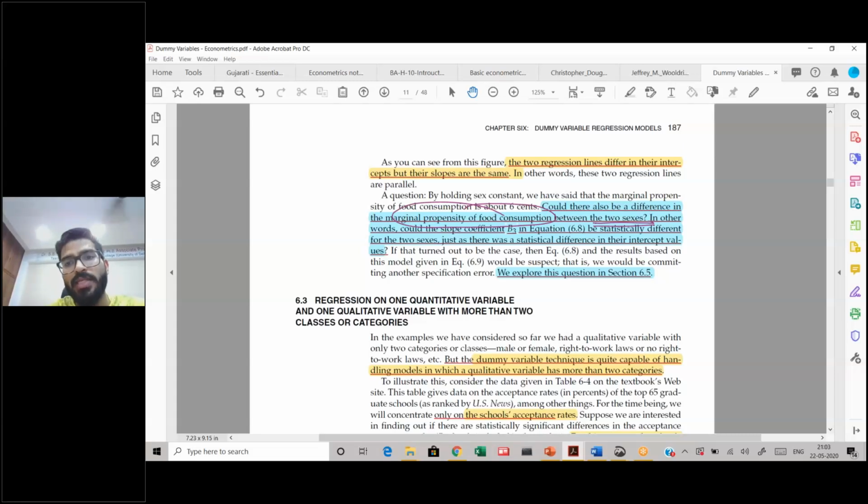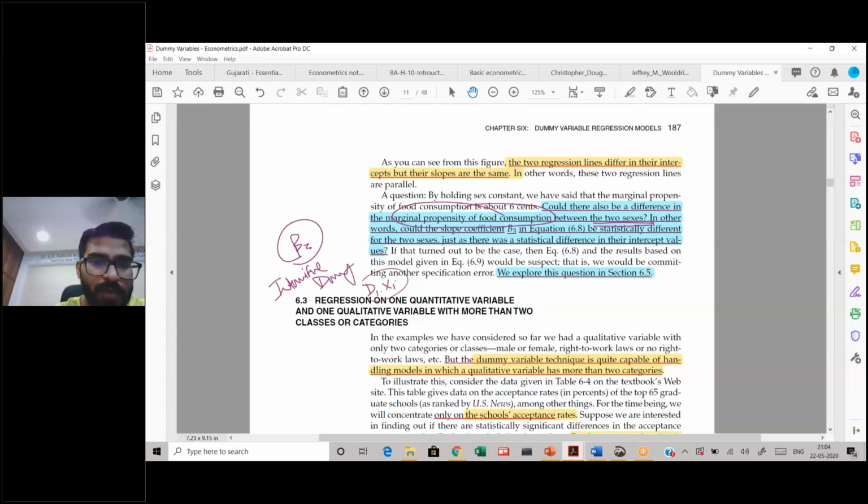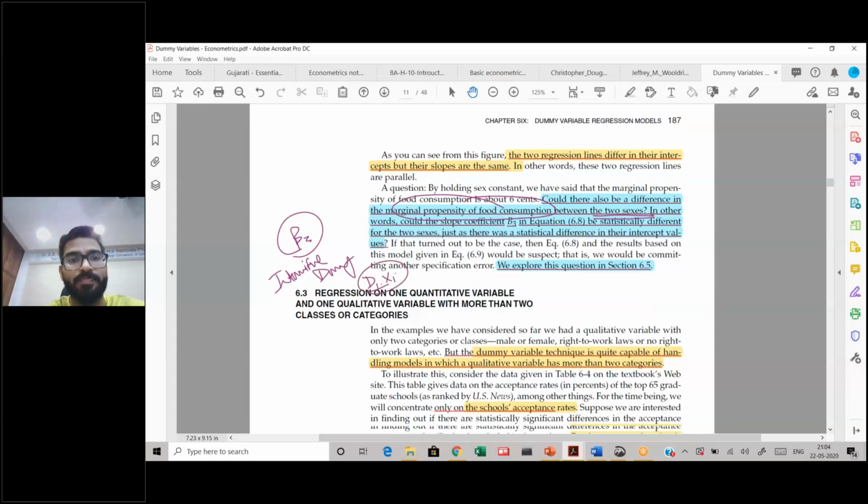That is, B3, the slope, is going to be different for males and for females. That is what we are going to check in the last section, when we will have the case of an interactive dummy variable in Excel. That is called an interactive dummy.